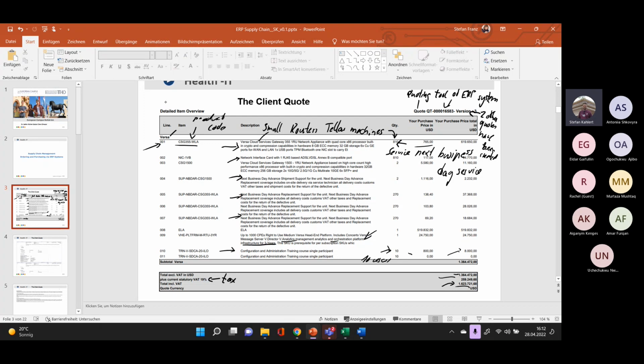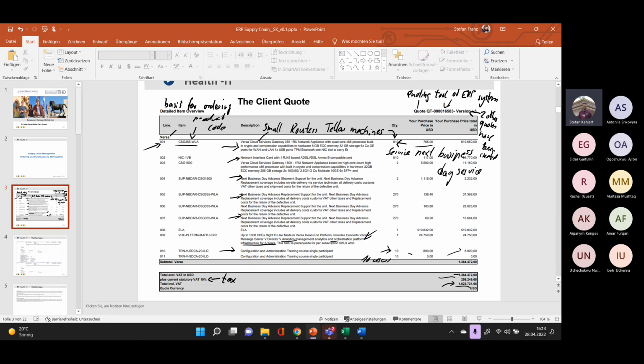But this quote is basis for an ordering process. Without a quote, you can't order, and without ordering or the demand to order something, you can't create a quote. So it's always a back-to-back process, which will be done with your ERP system.